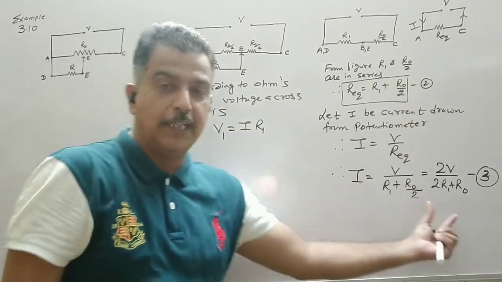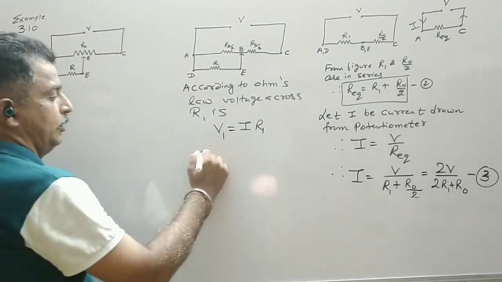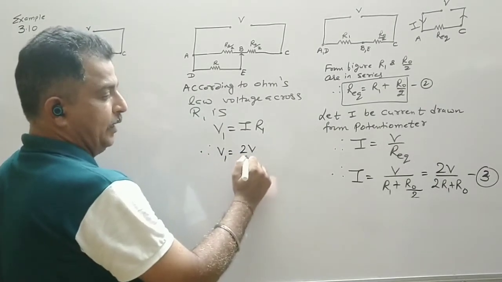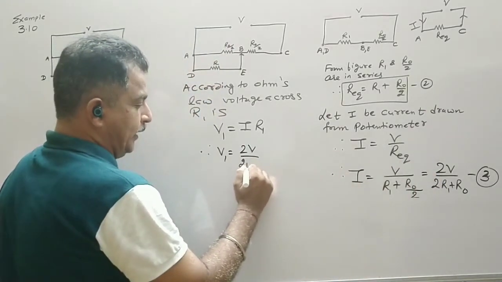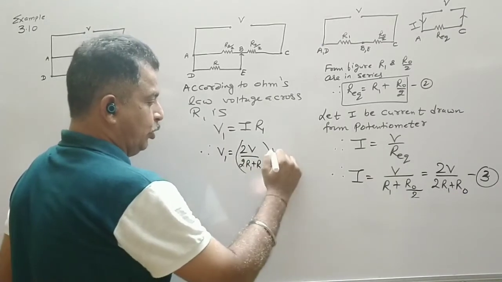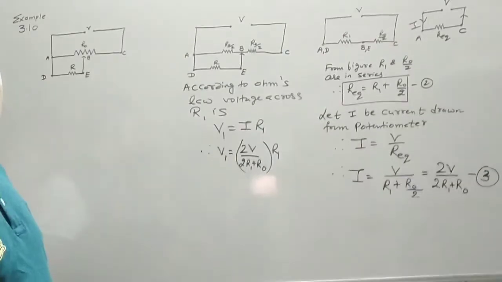So I is already calculated. We have calculated the R1 value also. Therefore, V1 is equal to twice V upon twice R1 plus R0, into R1. This is our V1.